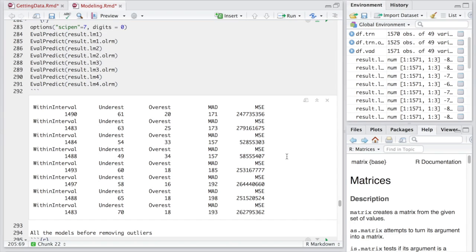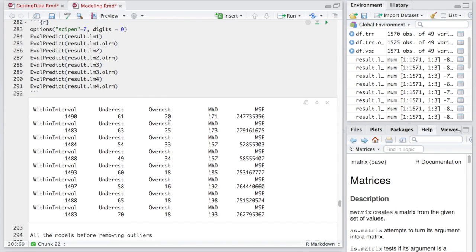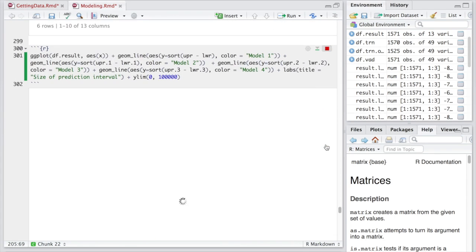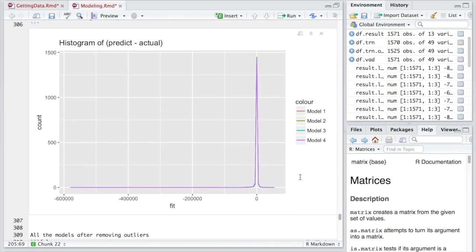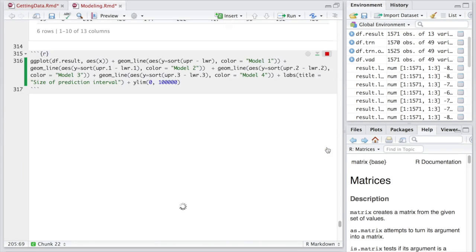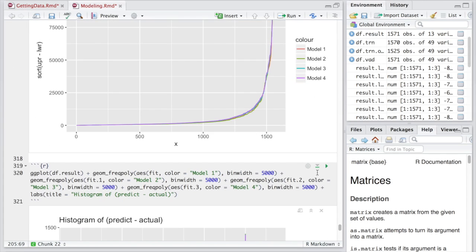Although it's not the most accurate in terms of prediction interval, it has the smallest MAE and the smallest MSE. Removing the big cities when we're building a model increased the accuracy of the prediction interval, but it also increased our MSE.